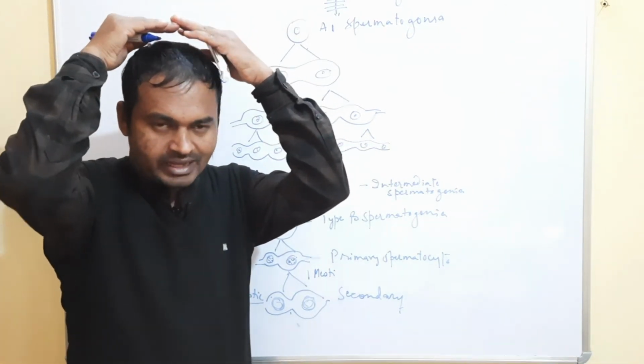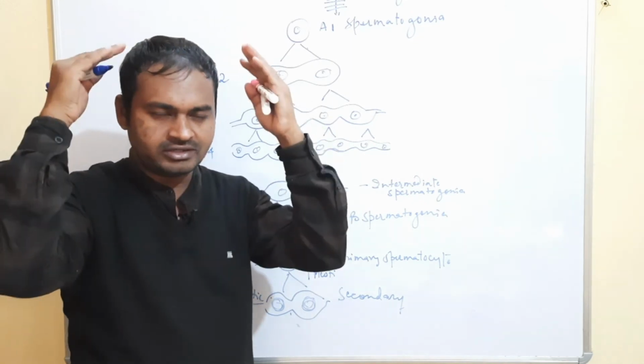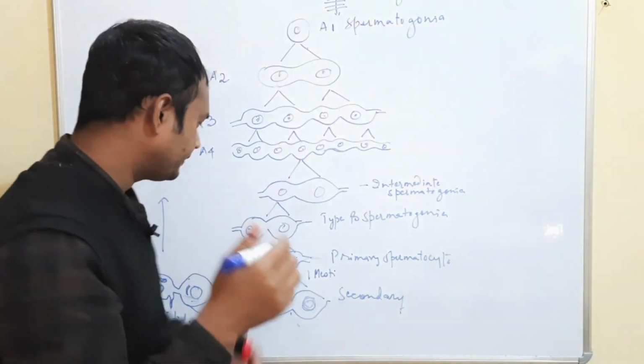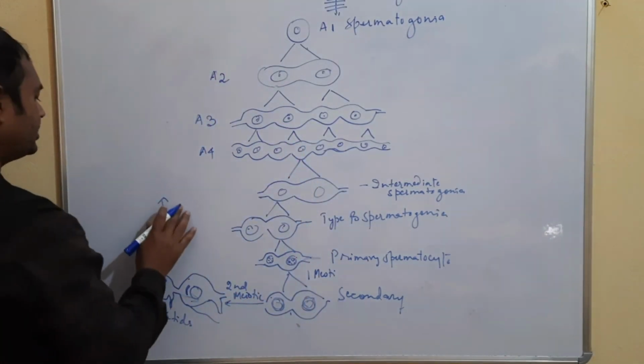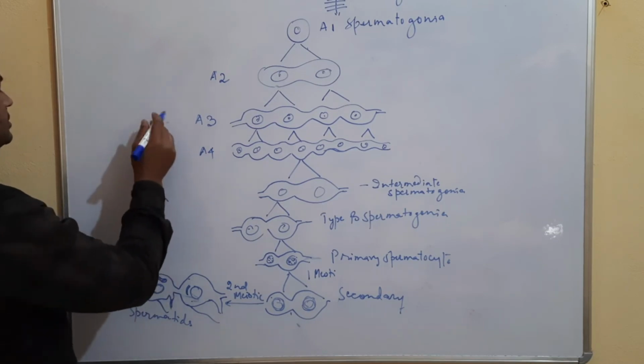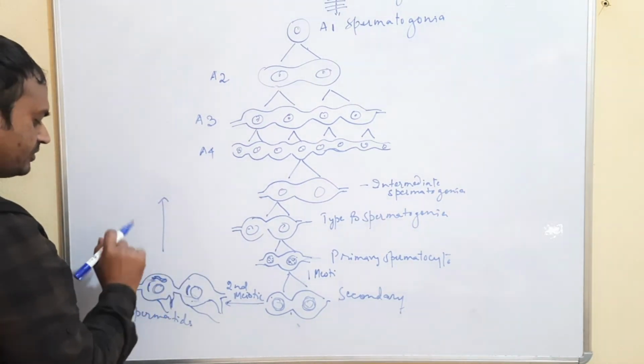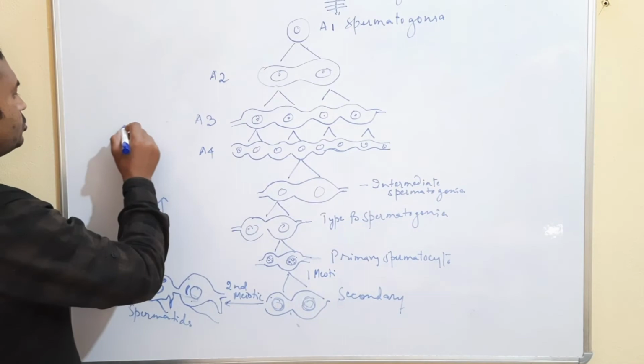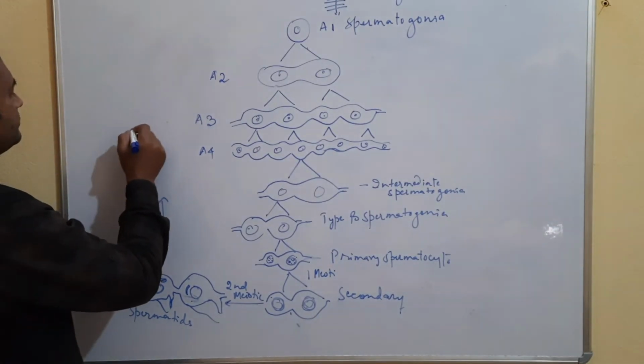So the two-thirds part of the nucleus will be enveloped with the Golgi body. Let us take one figure.